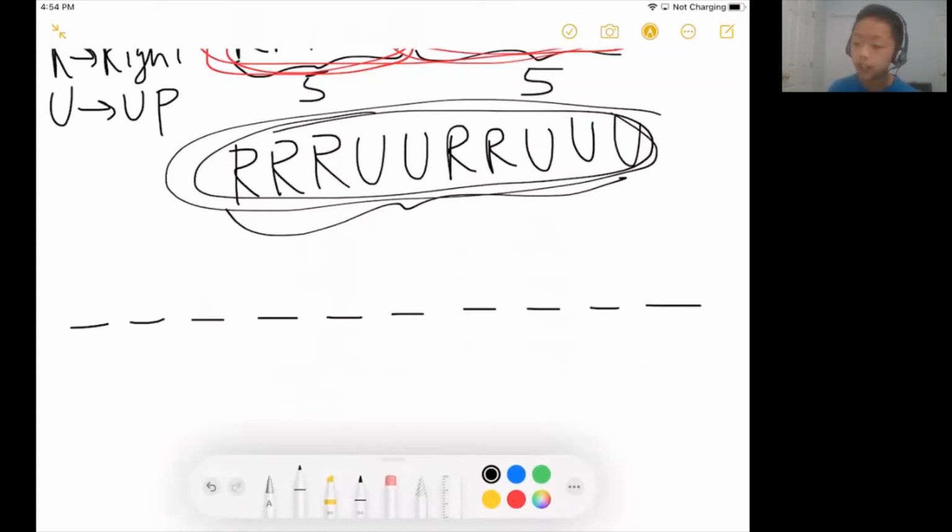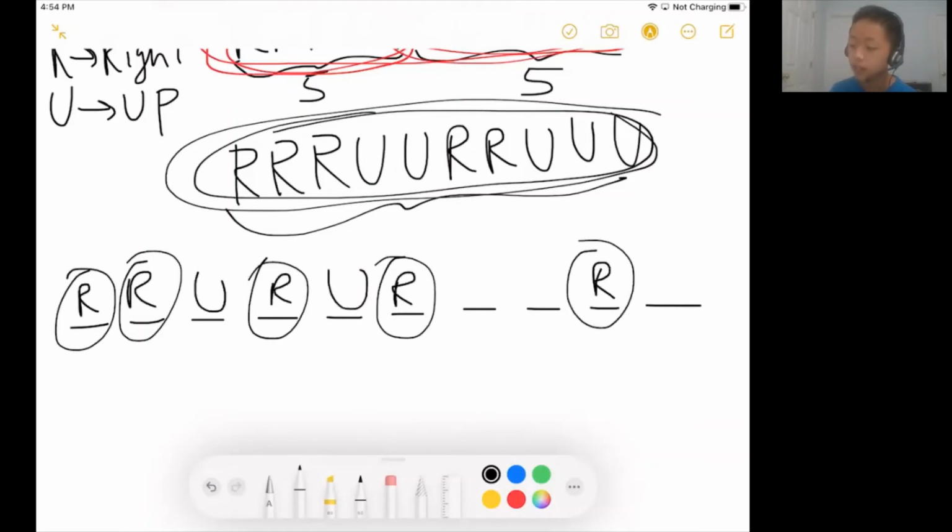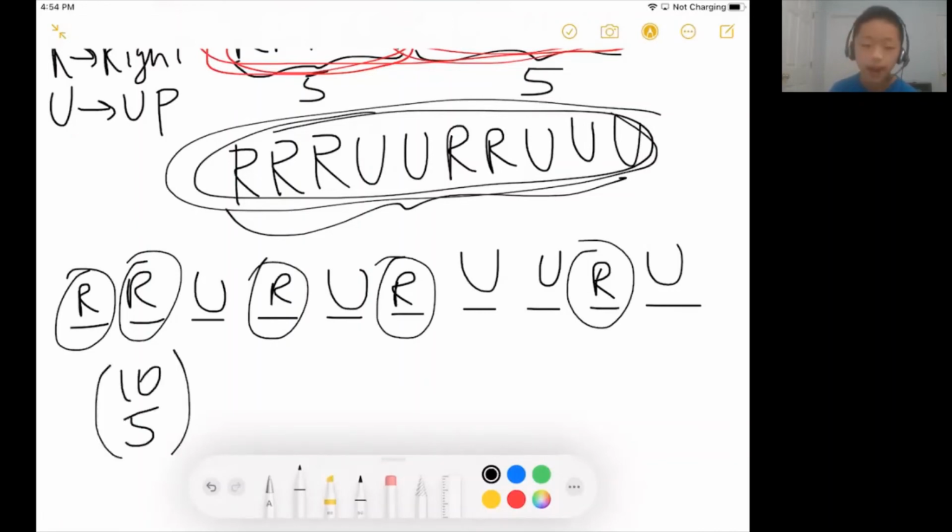Let's say we wanted to choose 5 of the blanks to put an R in. Maybe we choose this blank, this blank, this blank, this blank, and this blank, and we put an R in there. Then in the remaining slots, you must put a U. So to choose which 5 slots you put an R in out of the 10 total slots, there are 10 choose 5 ways to do that. And then afterwards, the U's will just fit into place.